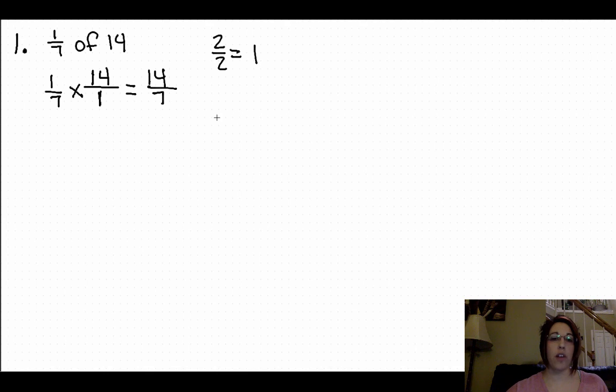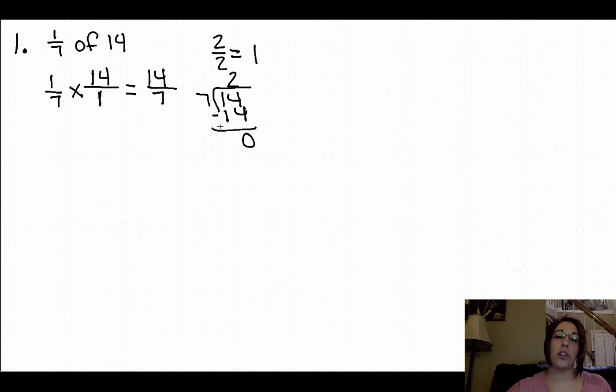And then we ask our questions. Do we need to make this into a mixed number? Well, 14, our numerator, is larger than 7. So yes, we need to divide. 14 divided by 7. 7 will go into 14 2 times. 2 times 7 is 14, 0.